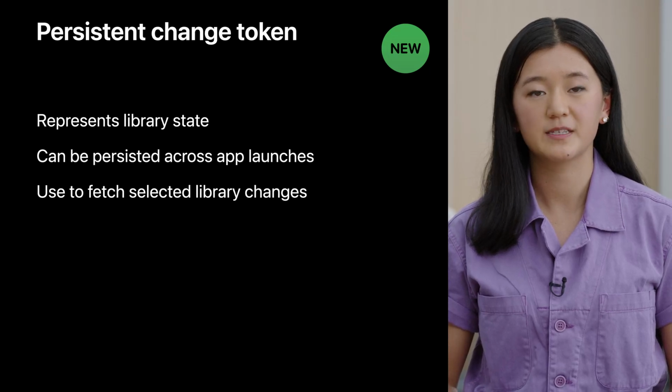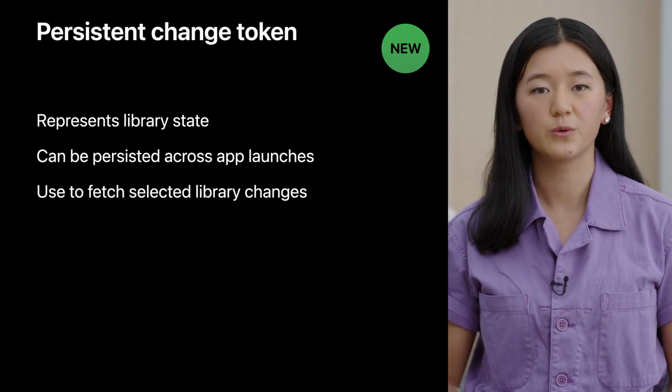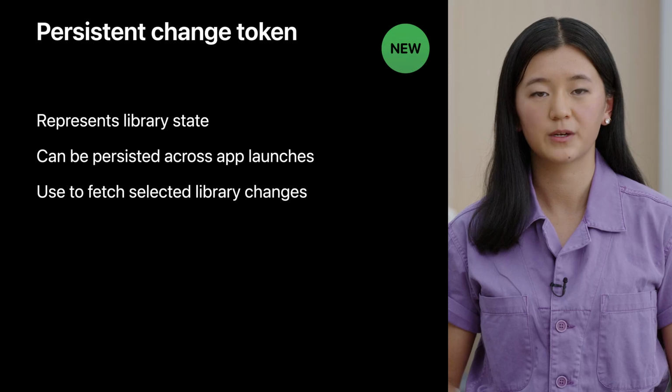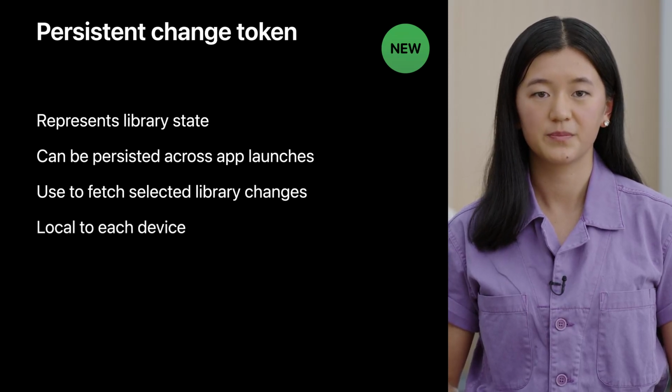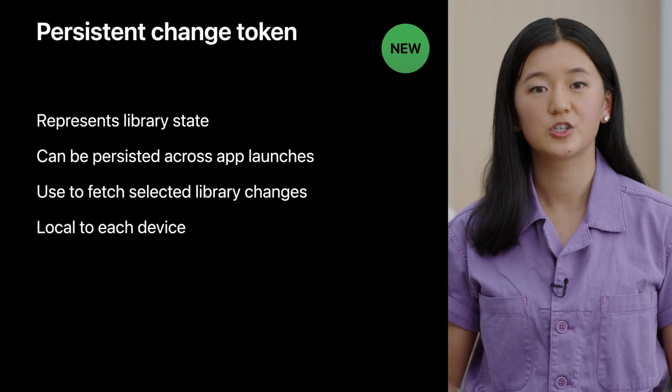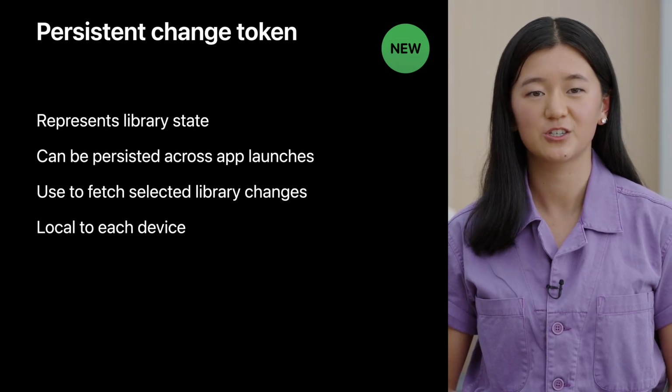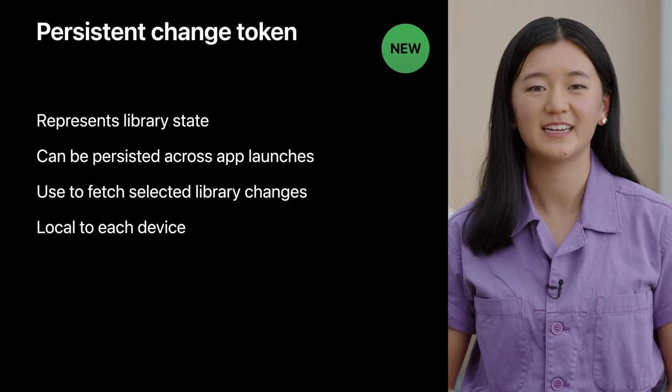Note that if your app is in limited library mode, only changes for user-selected PhotoKit objects will be returned. This change token is local to the device and is cheap to access from a persistent change or photo library instance at any time. This new API is available on every platform that supports PhotoKit: macOS, iOS, iPadOS, and tvOS.